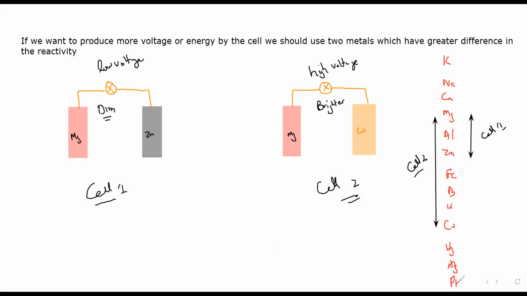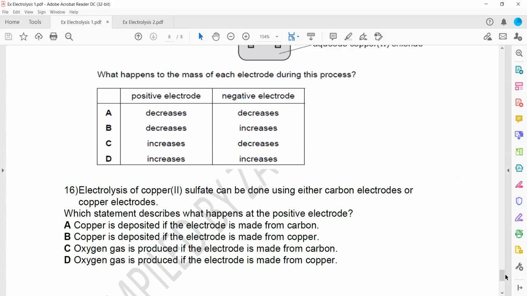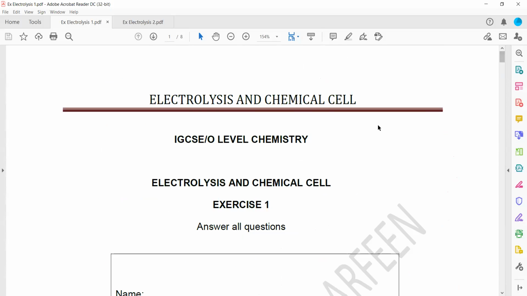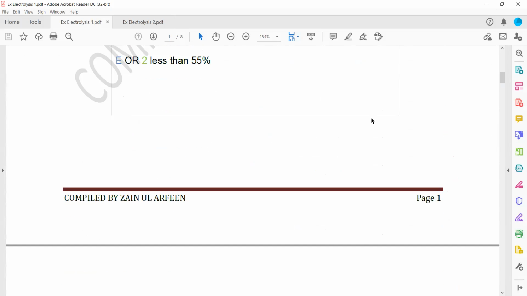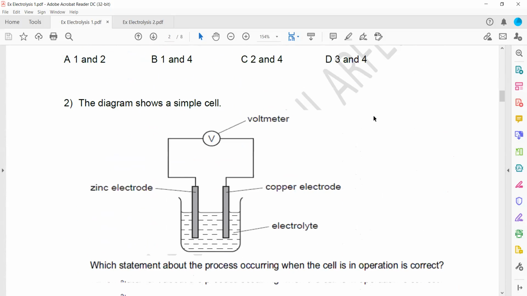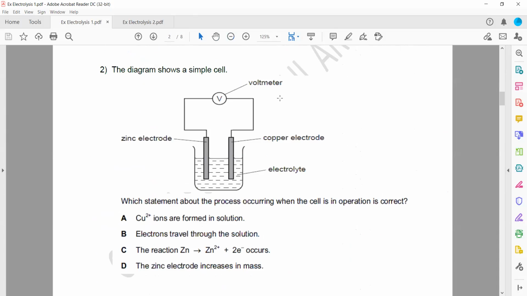Now some questions related to this part. A chemical cell. The diagram shows a simple cell.